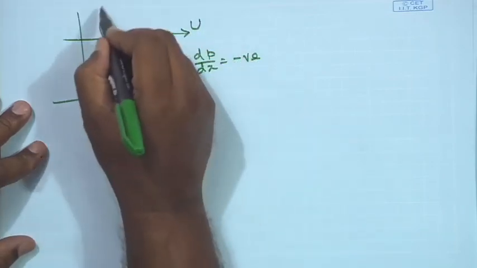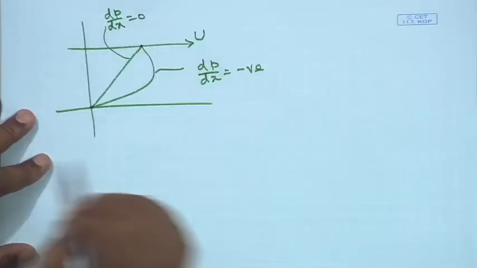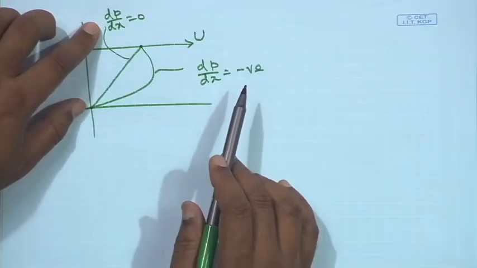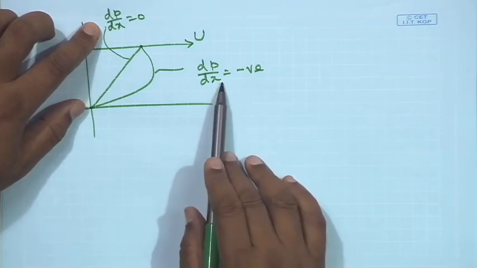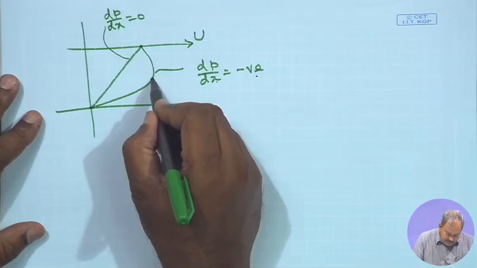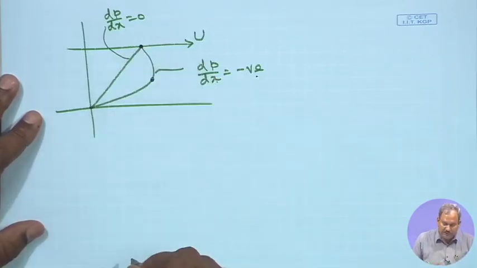So, this is the case where dp dx is equal to 0. Now we are trying to compare between no pressure gradient, dp dx equal to 0, and a pressure gradient which is favorable, that is dp dx is negative. The maximum is here. In the previous case, the maximum was here.